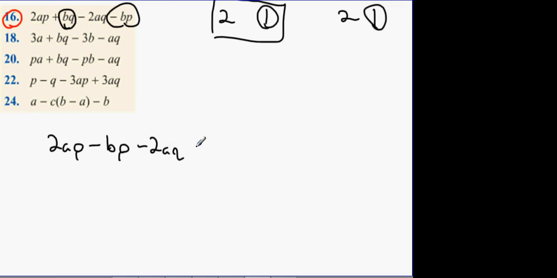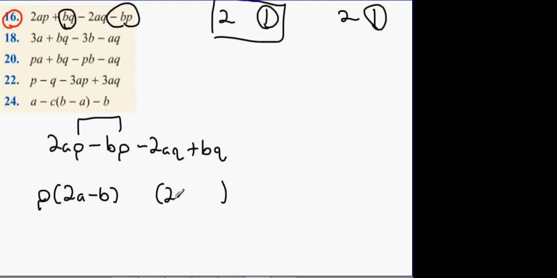And plus BQ. Now let's look at this, guys. What can we take out of the first two? P into 2a minus b. And what about the second one? We already know that the second bracket should be 2a minus b.